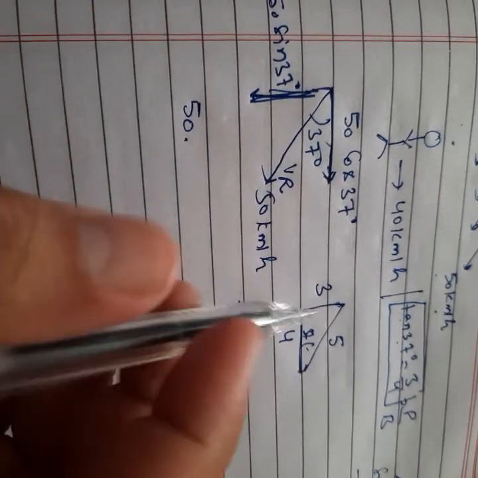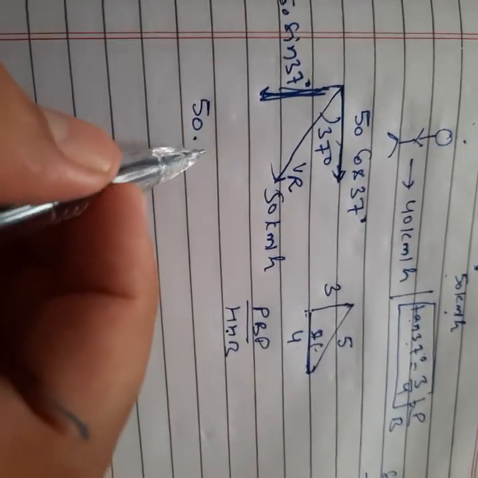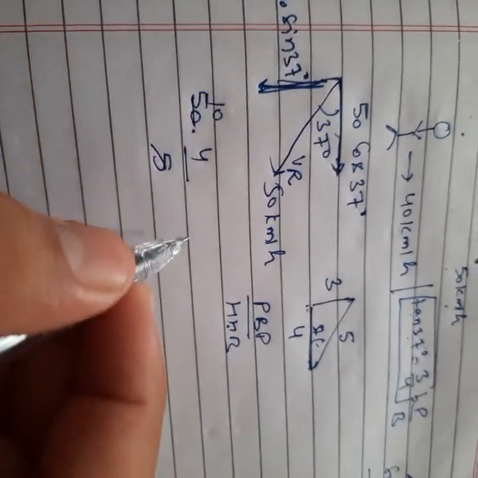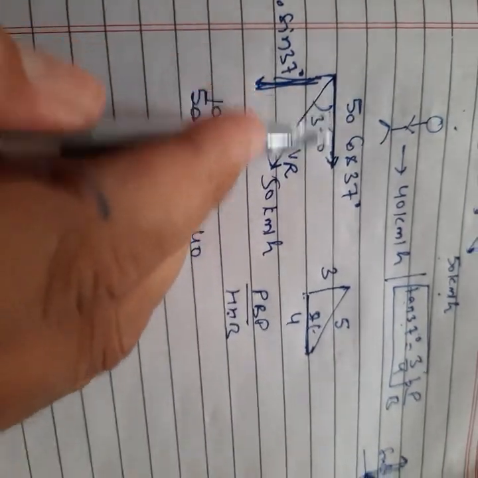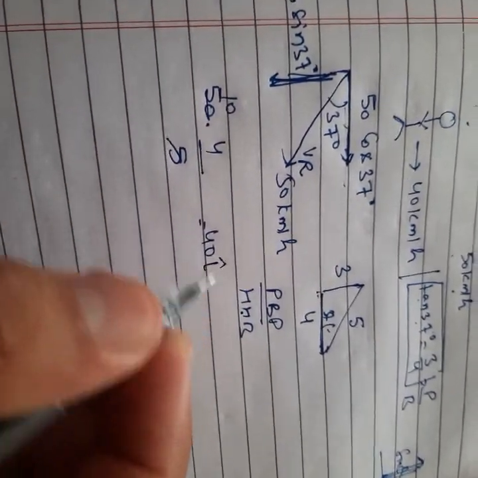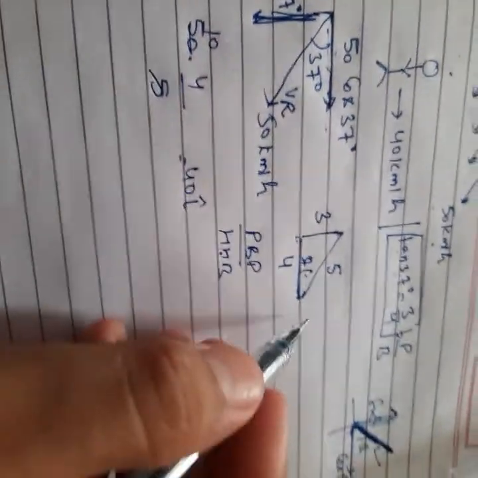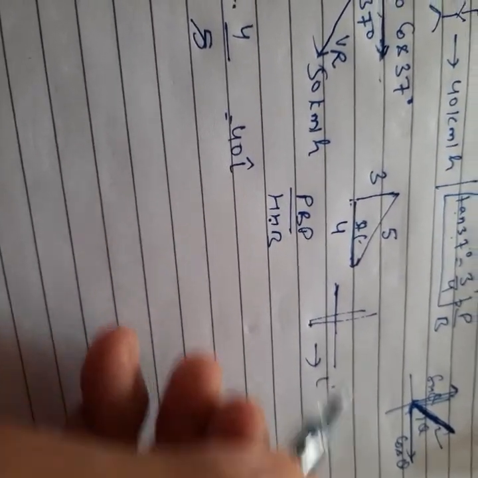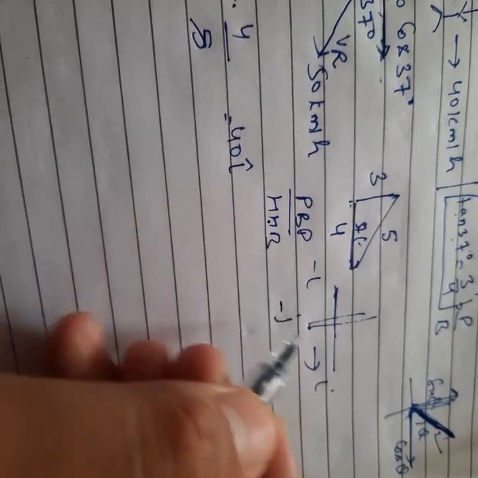Base is 4, hypotenuse is 5. Cancel out, so we get 40 in the direction of i. In this direction we get i; this is minus i, downside is minus j, upside is plus j. Okay or not?